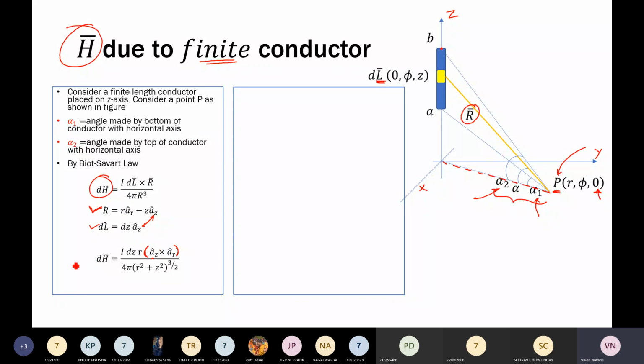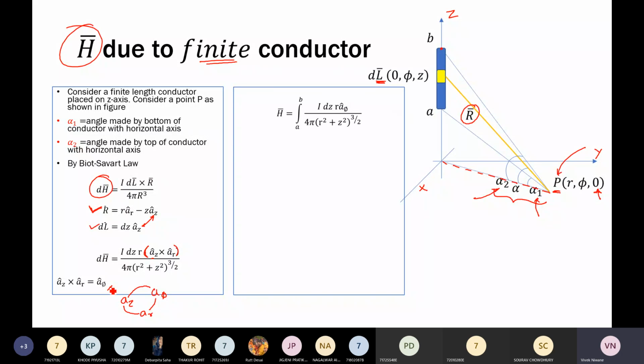If you remember the cross product, ar cap cross phi cap gives us az cap, phi cap cross az cap gives us ar cap, and az cap cross ar cap gives us phi cap. So we do have this understanding.